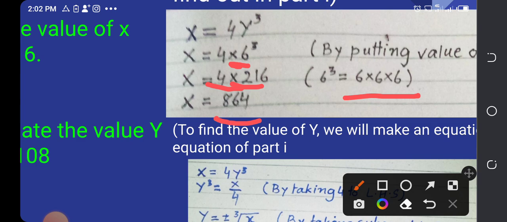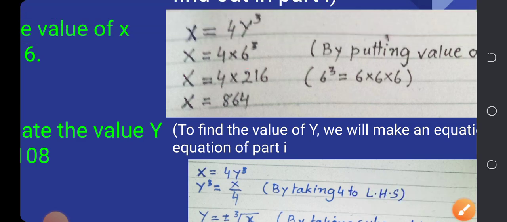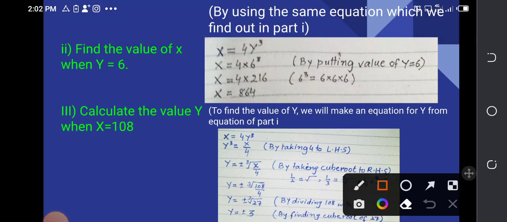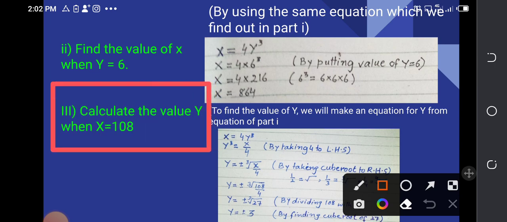Now we will move to the second part of this question. The second part is: calculate the value of y when x is equal to 108.